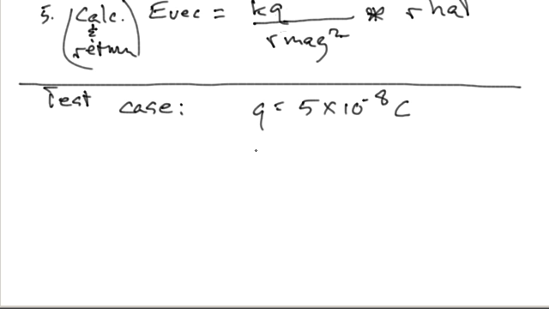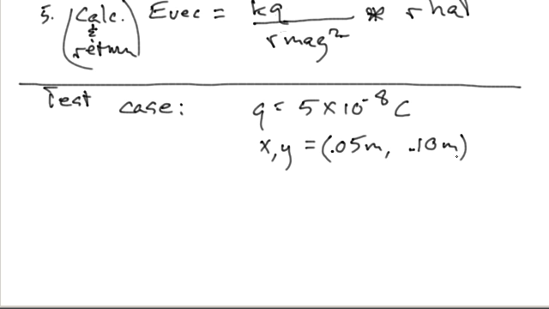K we know. Let's have X, Y equal 5 centimeters, so 0.05 meters, comma, 0.10 meters, so 10 centimeters. 5 centimeters, comma 10 centimeters.